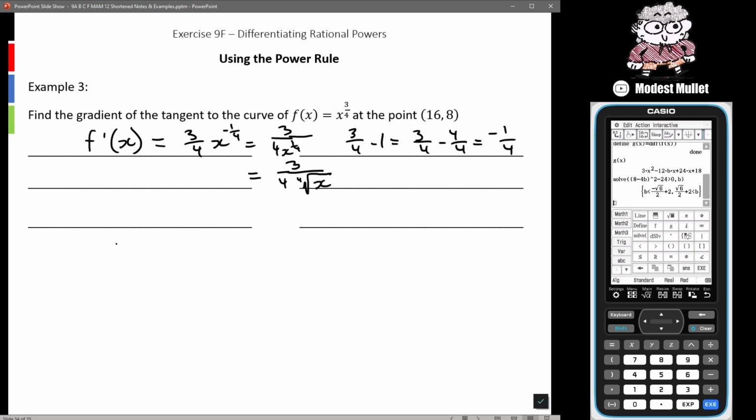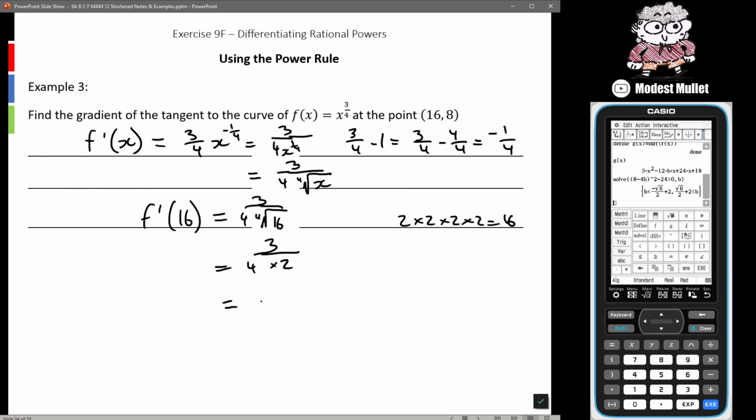So there's that derivative function. We now need to find f dash of 16, which is equal to 3 on 4 times the 4th root of 16, equal to 3 on 4 times the 4th root of 16 is 2, I'm pretty sure. 2 times 2 is 4, times 2 is 8, times 2 is 16.